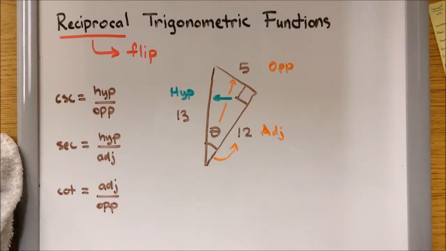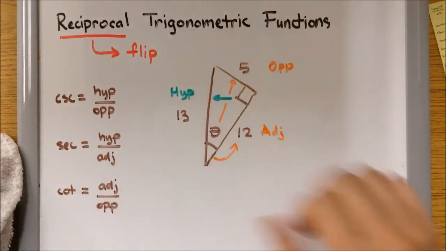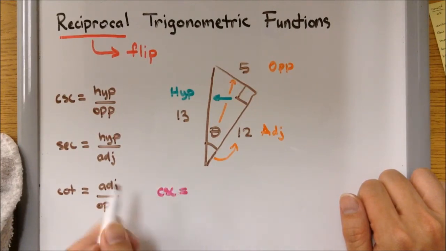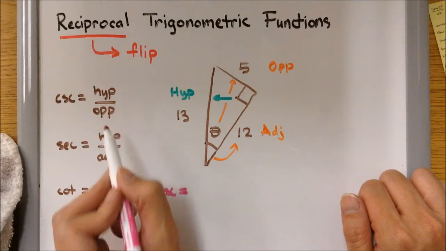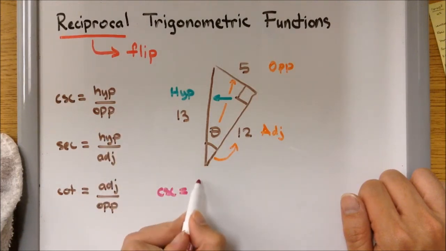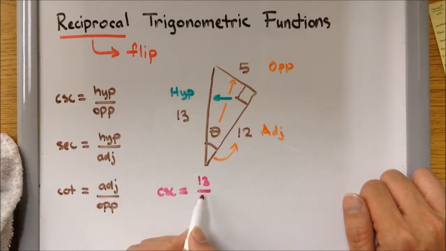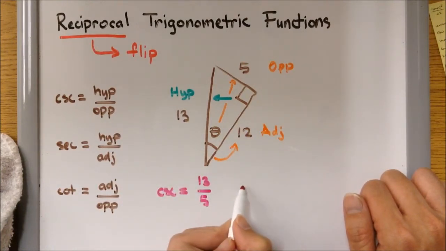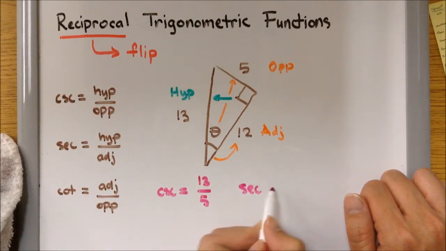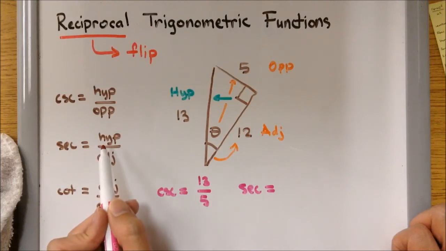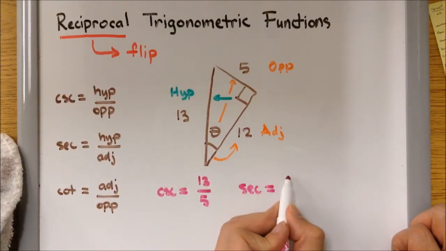Alright, now we're going to do the reciprocal trig functions, and I wrote out the definitions. Using this triangle, first we're going to do cosecant, CSC, which is hypotenuse over opposite. So hypotenuse would be 13 on the top, and then my opposite, which is 5, would be on the bottom. Next we're going to do secant, SEC. According to the definition, hypotenuse on the top, so 13 will be on the top.